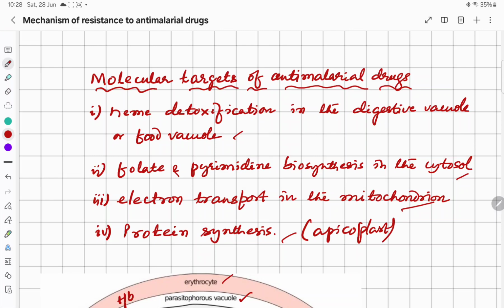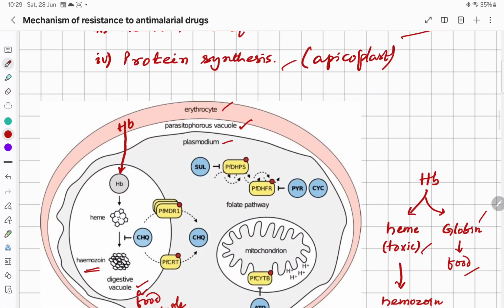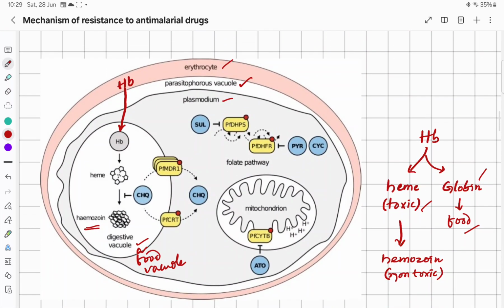So first let us discuss the first one, the heme detoxification. This is the malarial parasite Plasmodium, which is present inside a parasitophorous vacuole, which is inside the RBC. The malarial parasite enters the RBC because RBC contains hemoglobin, which acts as food, and the parasite has a food vacuole or digestive vacuole, and hemoglobin enters from the RBC into the food vacuole.